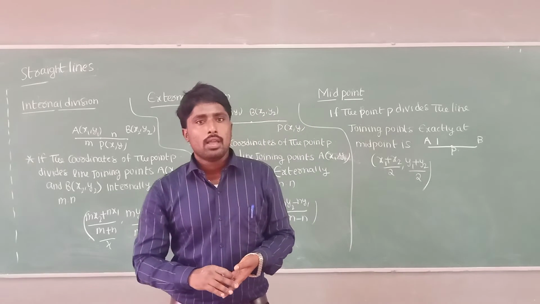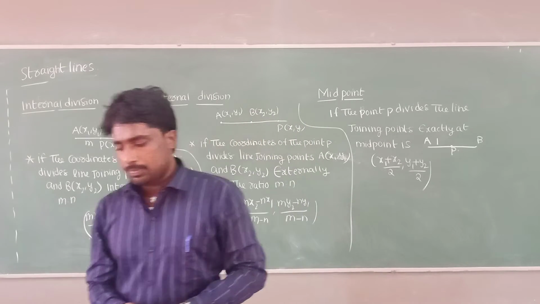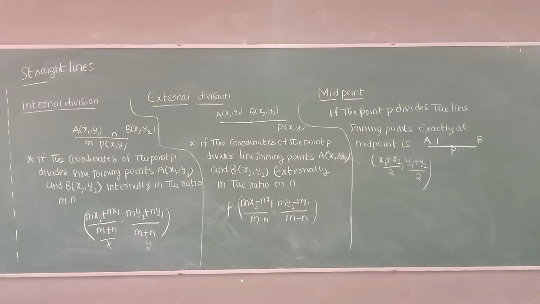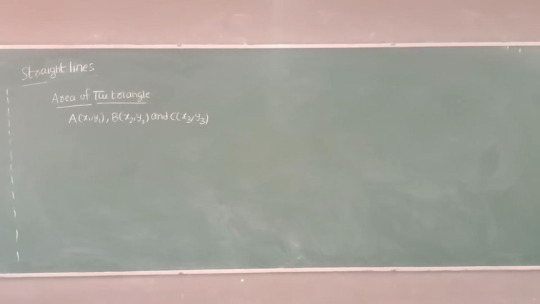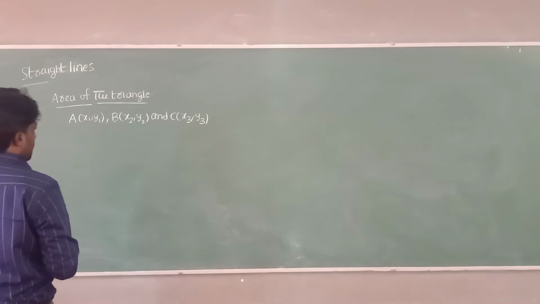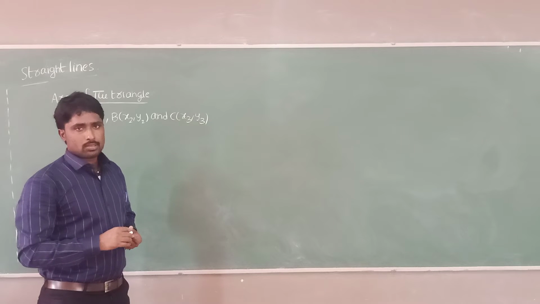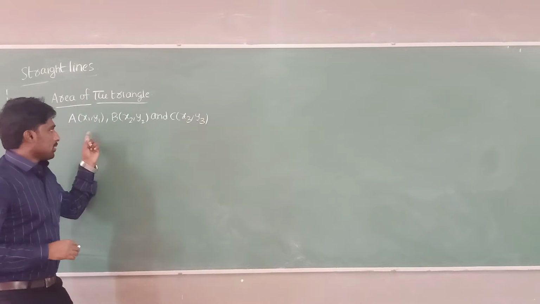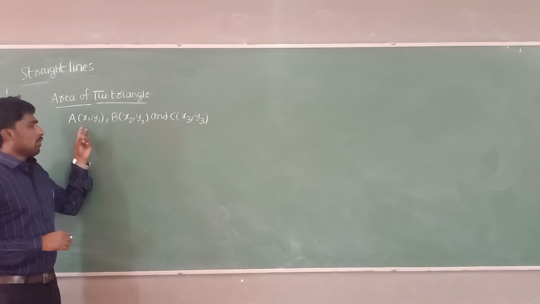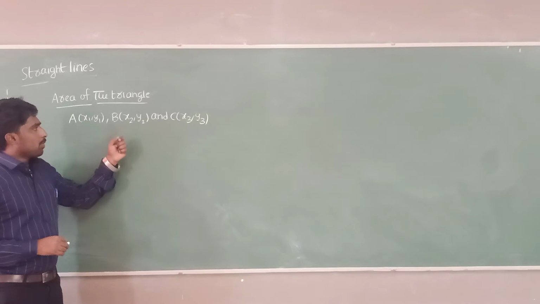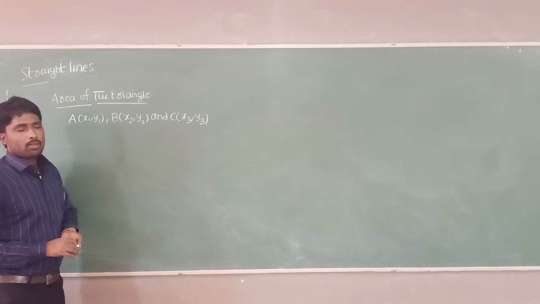Next I want to tell the area of the triangle concept. Guys, if you want to form a triangle, we need 3 vertices. So they mention the area of the triangle with 3 vertices, point A, point B and point C. Then what is the formula?